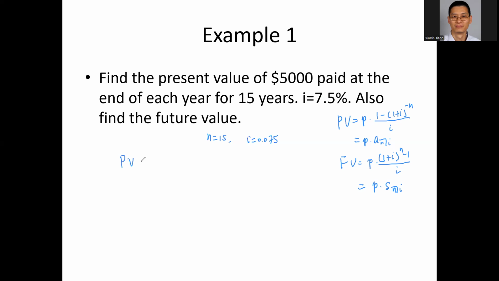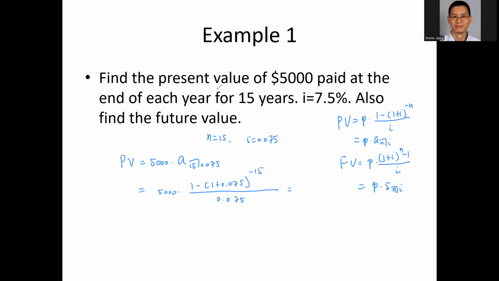So PV equals 5,000 times A sub 15 angle i at 0.075, which is 5,000 times 1 minus 1.075 to the negative 15 over 0.075.